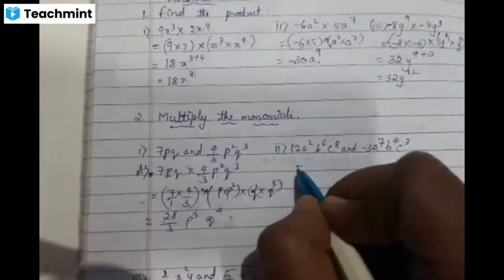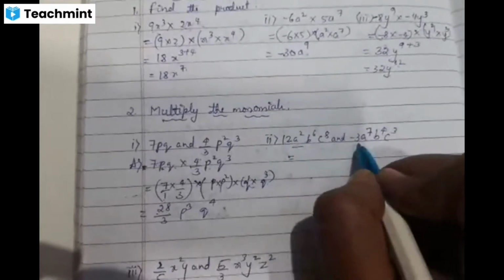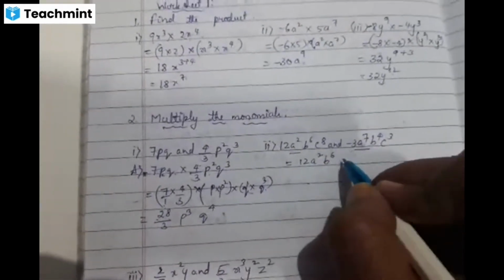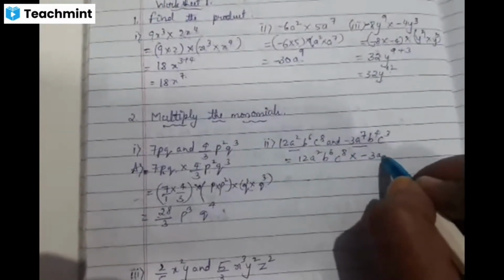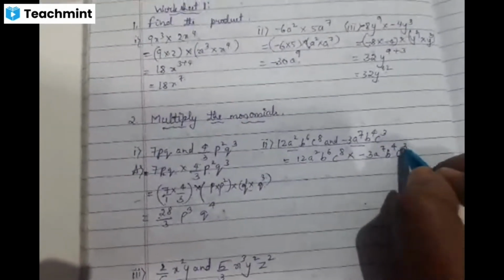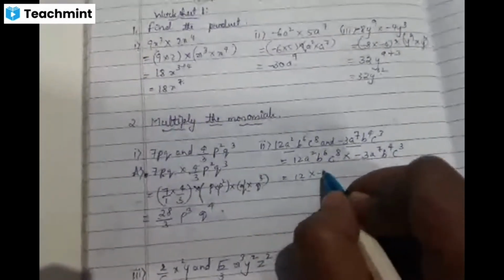Children, next we have to multiply these two, that is 12 a square b to the power of 6 c to the power of 8 into minus 3 a to the power of 7 b to the power of 4 c to the power of 3. 12 into minus 3.